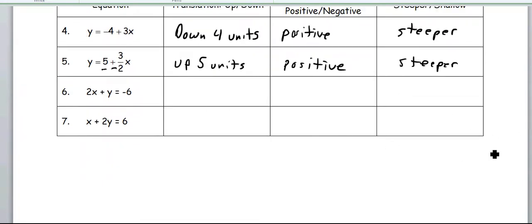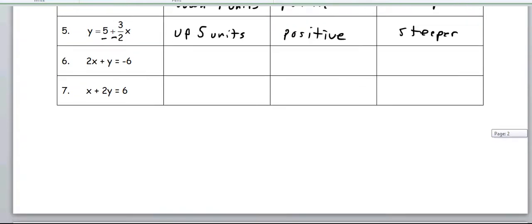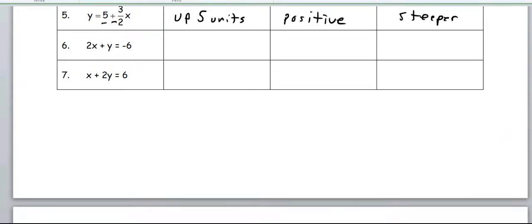All right. Tell you what we're going to do. For number 6, we need a little more room. The reason is we can't determine anything until we get this in the y equals form. So what I have to do is this. 2x plus y equals -6. Now remember, a couple of weeks ago, we transformed equations to get y by itself.